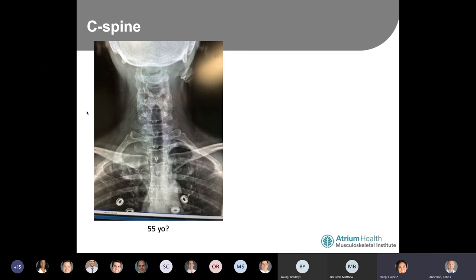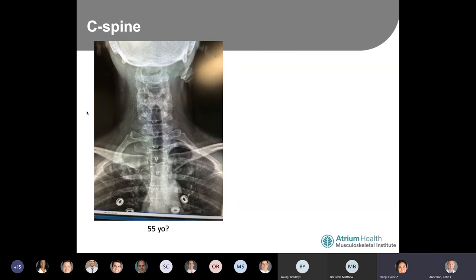Does anybody else see any differences or asymmetry, perhaps? Nobody? Are we looking at asymmetries like within the lung fields, maybe?